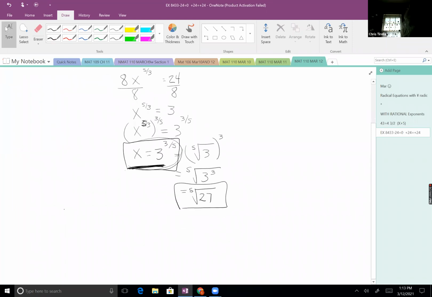And so because 27 doesn't have a 5th root, that's an irrational solution, and we're going to just leave it right there. So if we've got an equation with a rational exponent, our goal is to get the part with the exponent alone, raise both sides to the reciprocal power, and simplify.